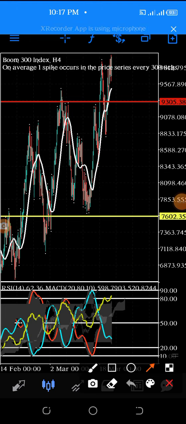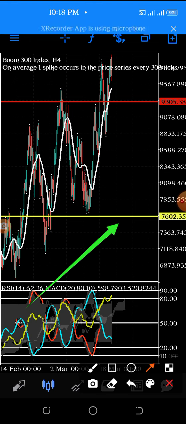Watch this. This one now is what? This line I'm touching, this yellow line. I think you can remember the name I called it. If you don't remember, I said it is support zone, or support level.